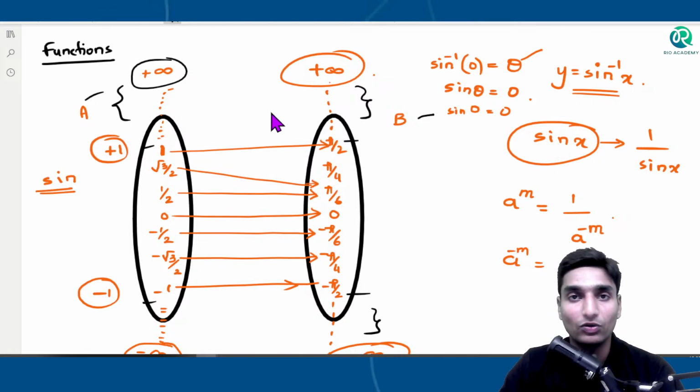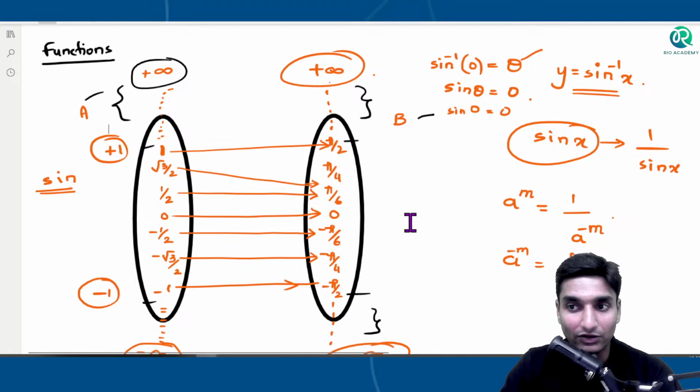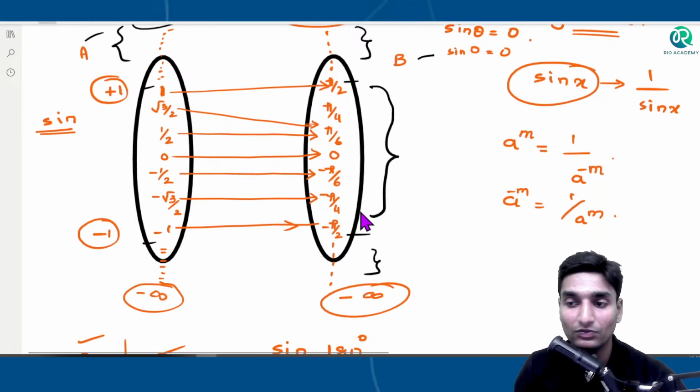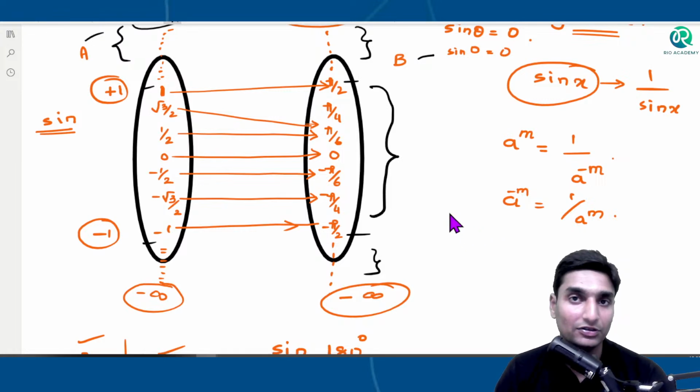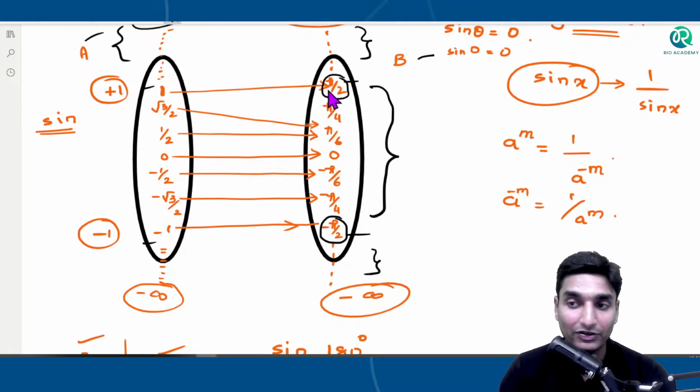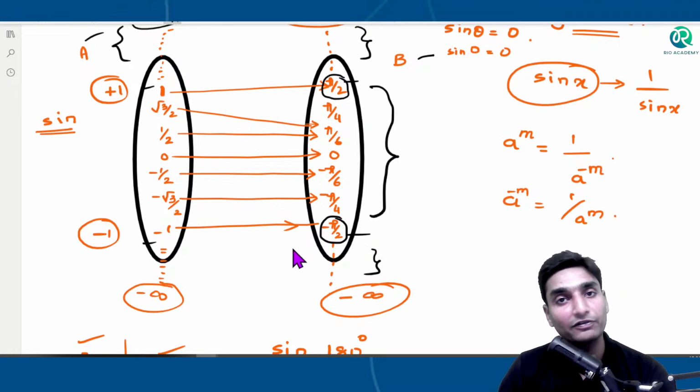But here what mathematicians have done is, they have defined this value. With the study of trigonometry, we have taken pi upon 2 and negative pi upon 2 to be the maximum values of the angles. On the basis of this only we can define further angles.